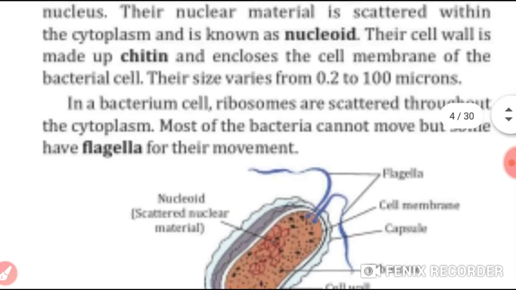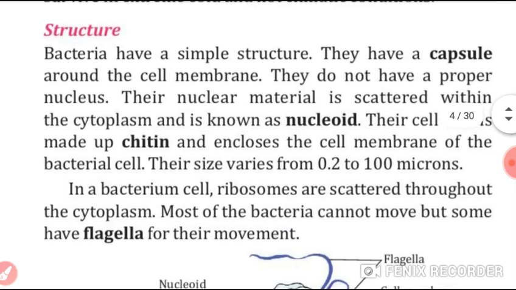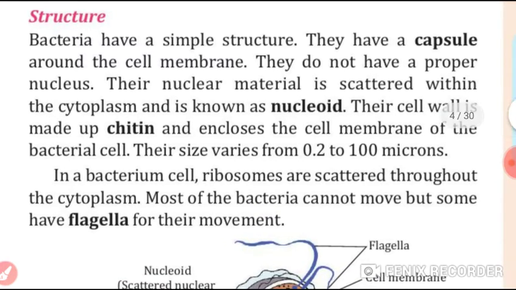Okay, like this. Now we will study. Students, bacteria have a simple structure. It has a capsule around the cell membrane, and they do not have a proper nucleus. Nuclear material is scattered in the cytoplasm and is known as nucleoid. Their cell wall is made up of what?